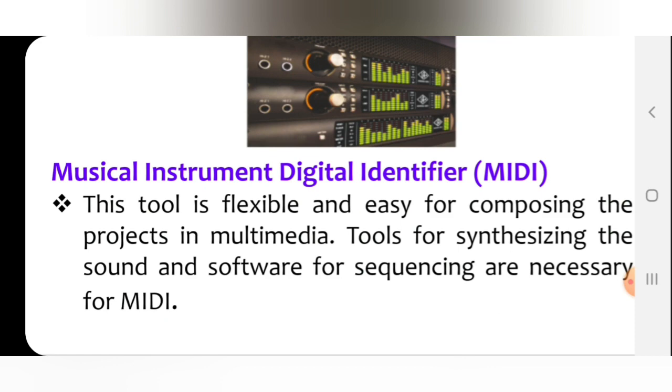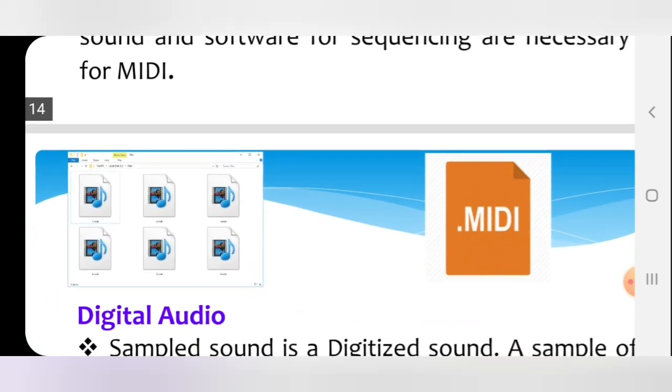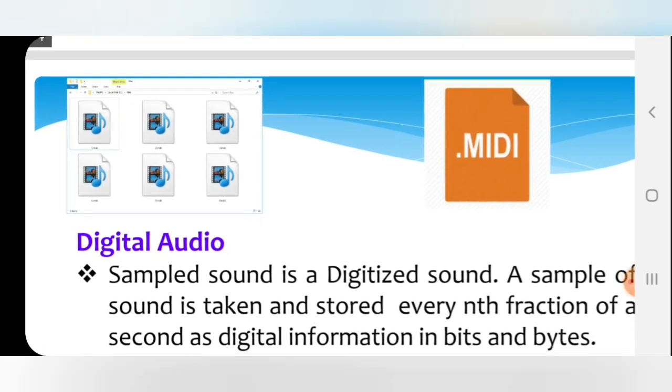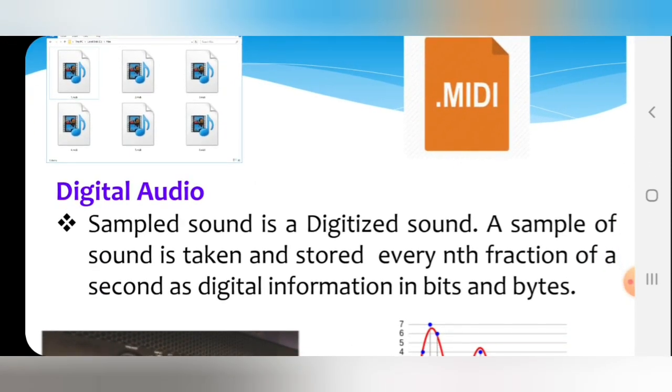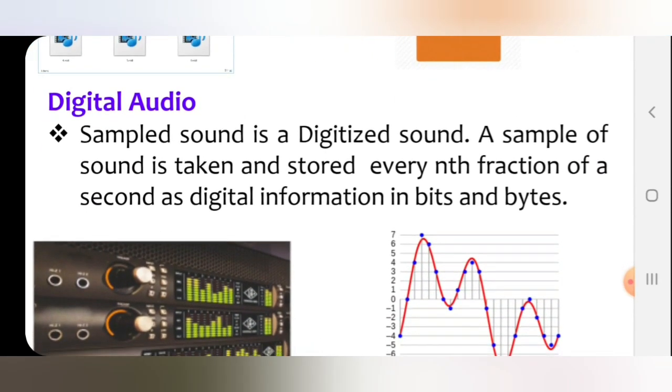Likewise here, the MIDI format is easy for composing. This is the format for MIDI. The next one, digital audio. A sampled sound, digitized sound. Nowadays we are using it in our home theater woofer. We adjust the volume with the help of the bit rate. We need clarity, cube sound.